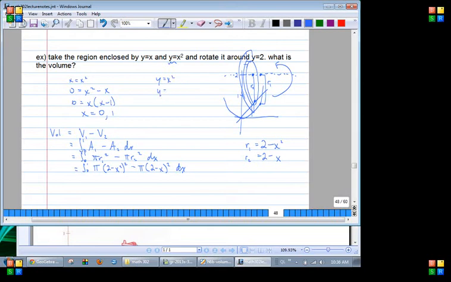The axis is y equals 2. So my radius is just, well, x squared minus 2, or more properly, 2 minus x squared. So algebraically, it's just like that. But you may want to continue to draw a picture just to help support you as you put that together.